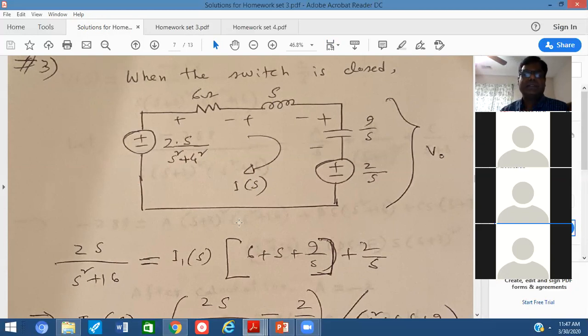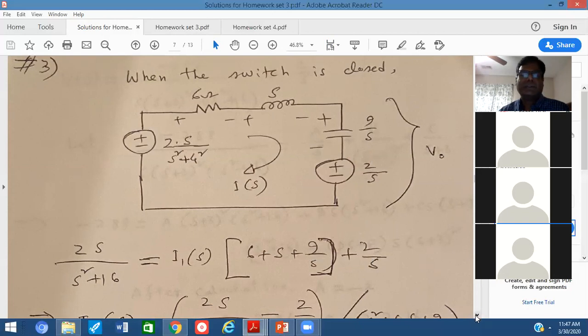So you see, first line I have written down that equation. This is the voltage source 2S over S square plus 16 equal to I(S). And I(S) is causing drop across 6 ohms, so 6, then S, and then 9 over S. And then you see, because this is plus minus, so this is plus 2 over S.